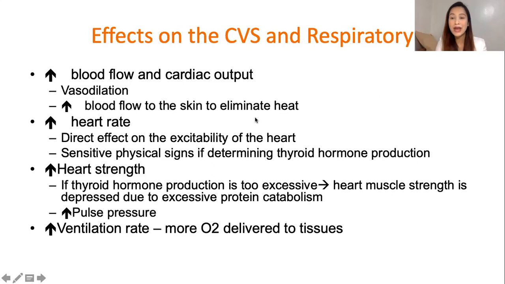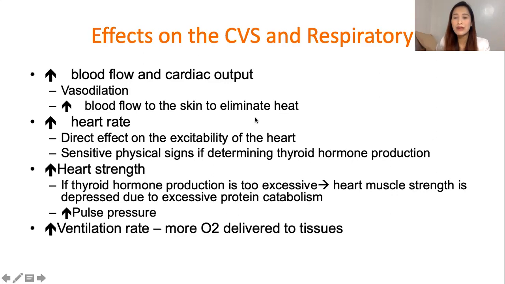So patients with hyperthyroidism will have palpitations, they will have increased heart rate. Patients with hypothyroidism, on the other hand, especially those with profound hypothyroidism, will have slow heart rate or bradycardia. Heart strength, no? If thyroid hormone production is too excessive, the heart muscle strength is depressed because of excessive protein catabolism.